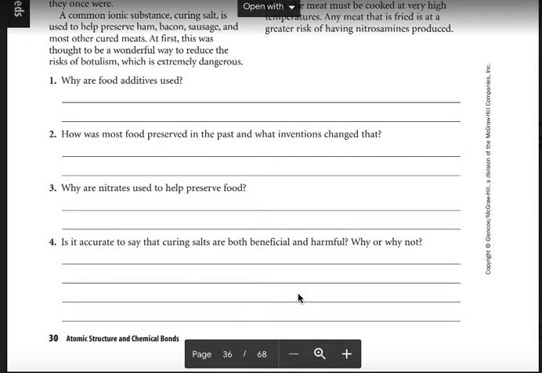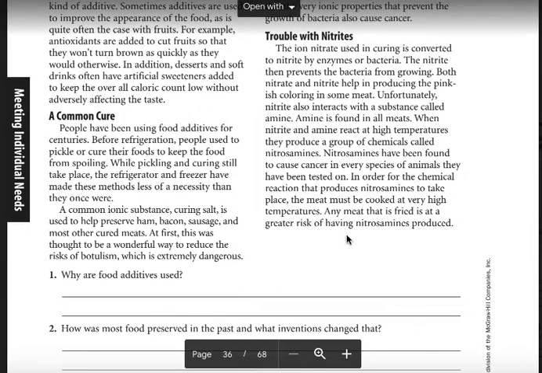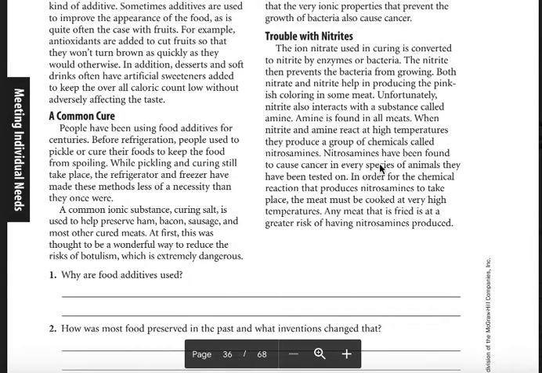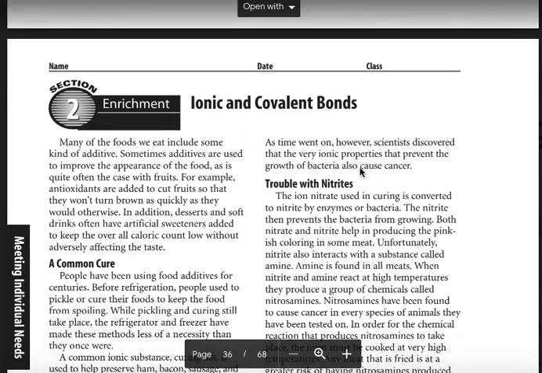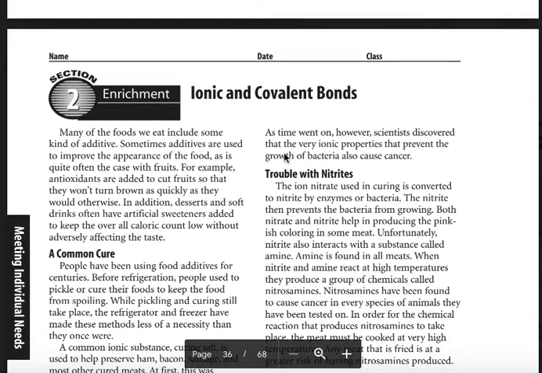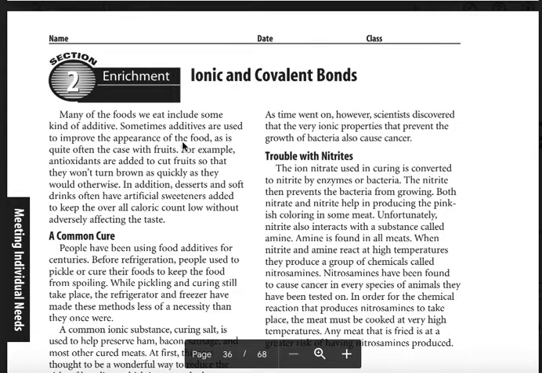So if they're not cooked appropriately after these nitrates are used, there could be cancer-causing products in the food that you're consuming. If it's cooked appropriately, a lot of times those things are cooked off and those bacteria are eliminated as well. So here's an application of how ionic and covalent bonding is in almost everything that we do in terms of the food that we're eating, because of those additives and because of the ways in which we're trying to preserve those things for the longest appropriate time.